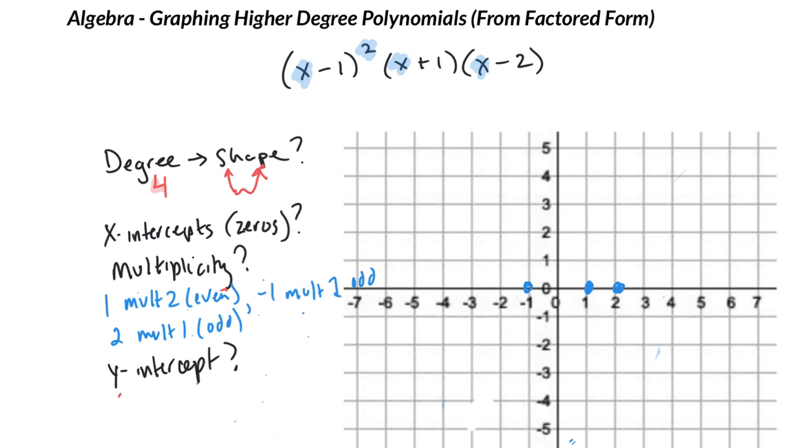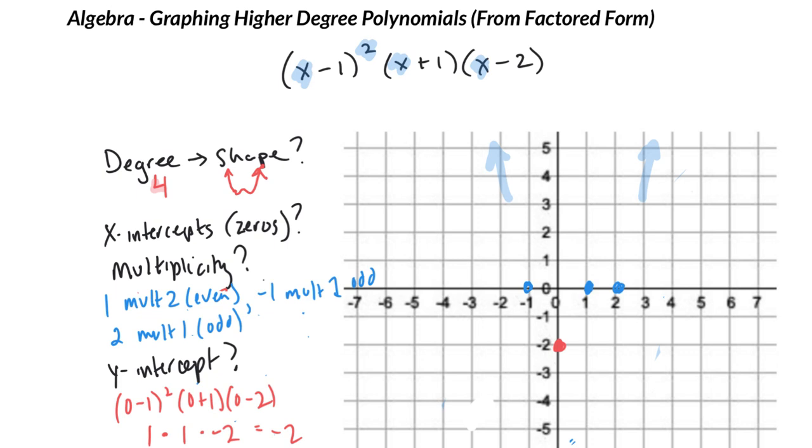Now, y-intercept is what happens when x is 0. So I'm going to write that down. We got 0 minus 1 squared, 0 plus 1, 0 minus 2. So negative 1 squared is 1, times 1, times negative 2. So my y-intercept is negative 2. It's right here. All right, let's do a rough sketch of this. Because it was x to the 4th, it's going to end up like that.